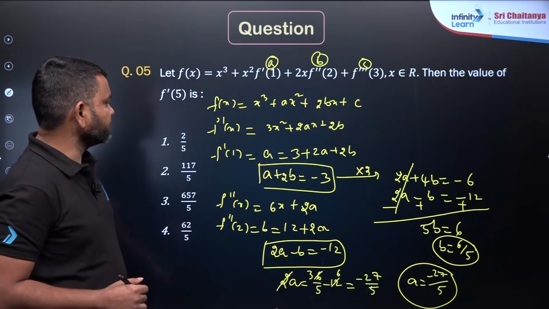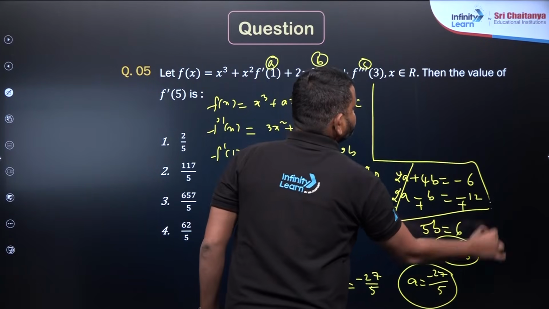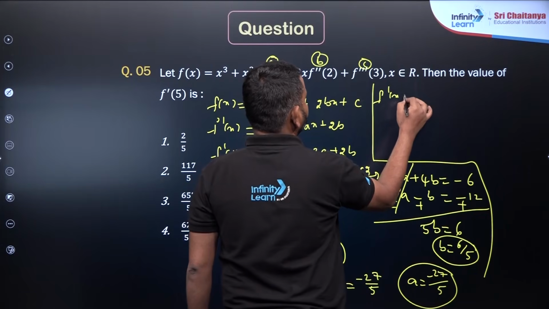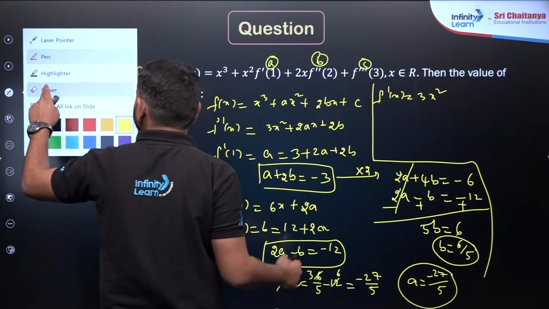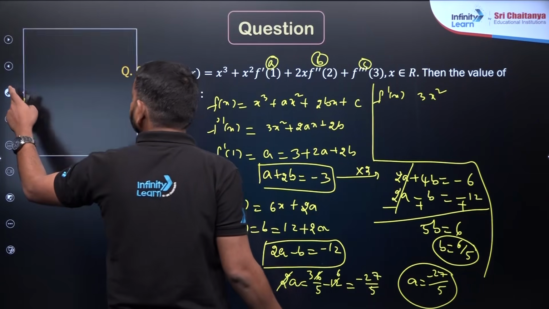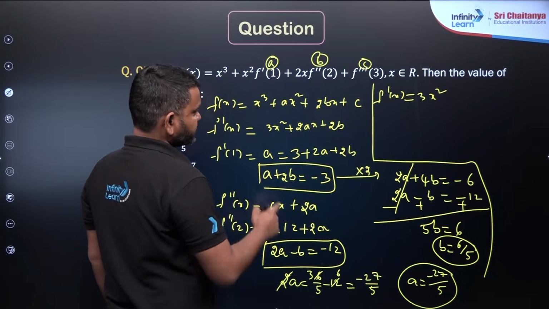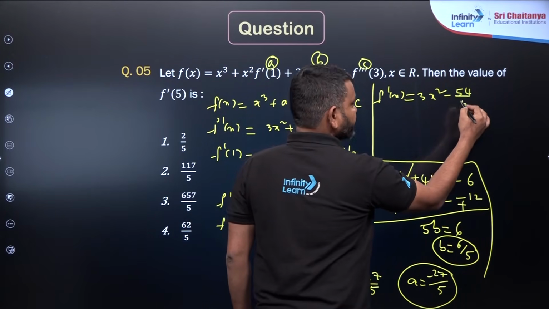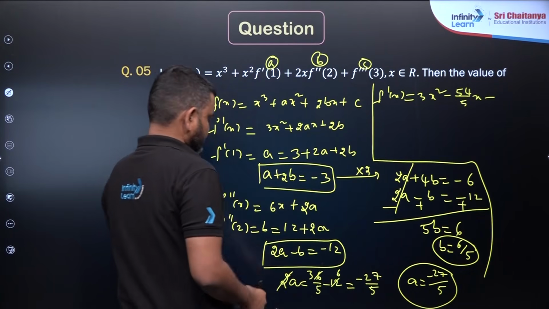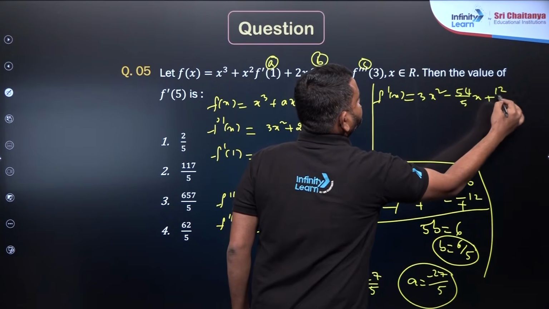So I got the a value and the b value, that is all I want. So f dash of x is going to be 3x square minus 2ax, so minus 54 by 5 into x, and 2 times b, b is positive, so plus 12 by 5, right?